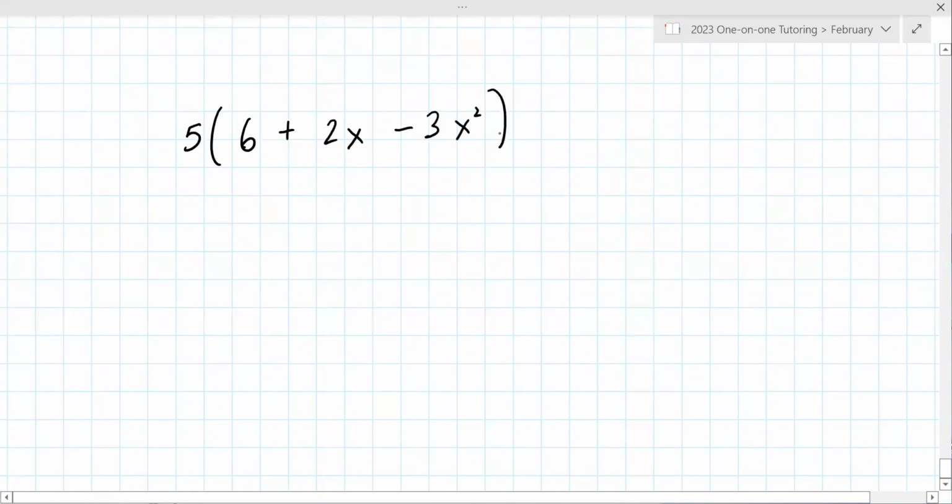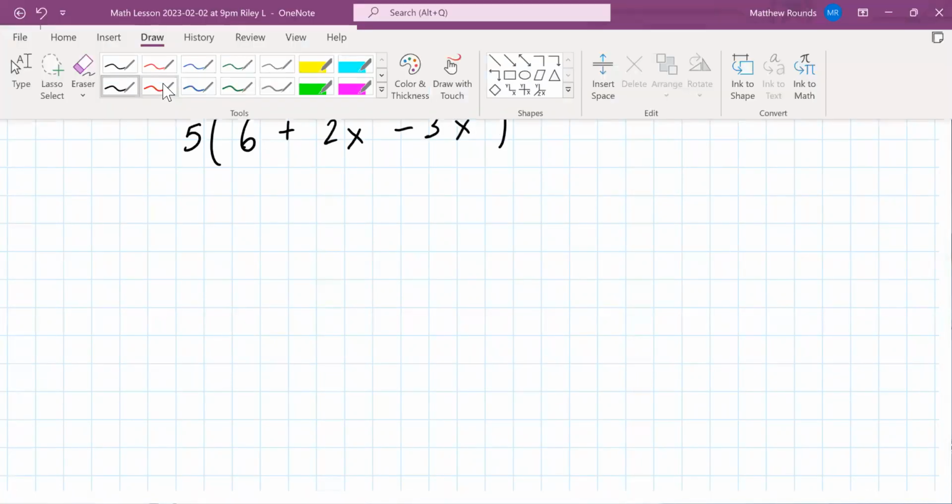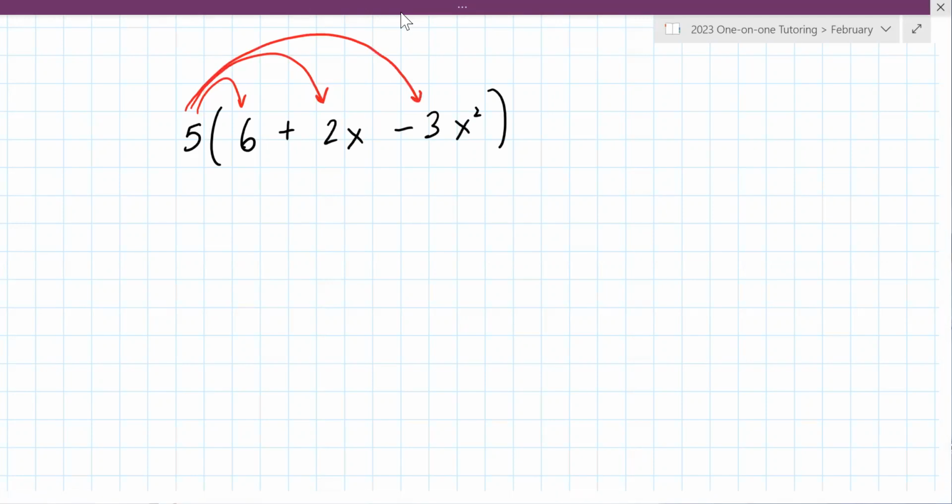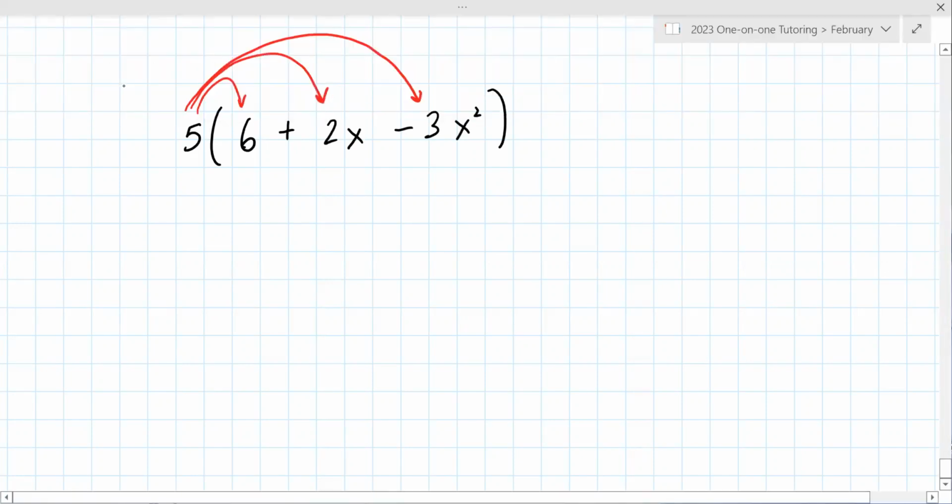Okay, so this time you're going to distribute the 5 to everything inside parentheses one at a time. So what is 5 times 6? 30. Plus, what is 5 times 2? 10x, and then 5 times -3.